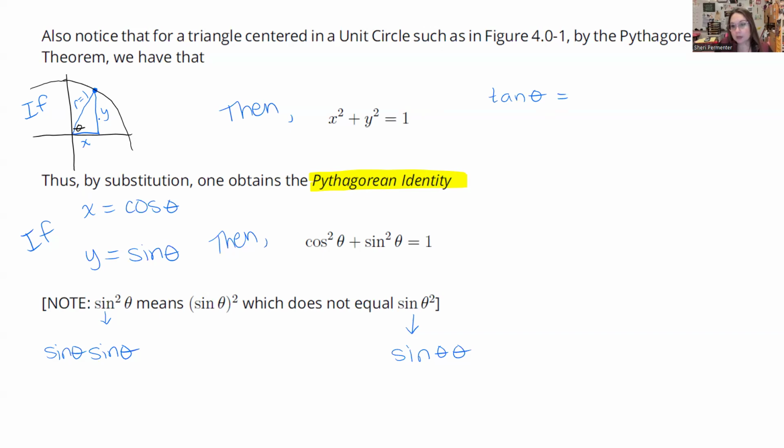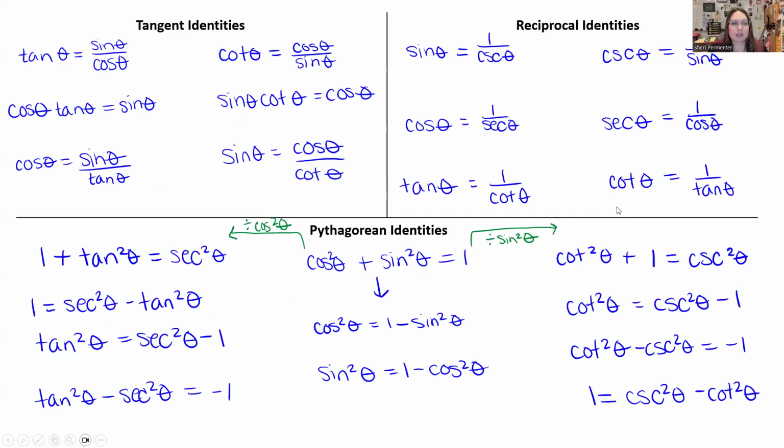Yes, it would be y over x. Well, what did I say that x and y equal? Uh-huh. So isn't tangent equal to sine over cosine? Why, yes, it is. So that is the start of our tangent identities.